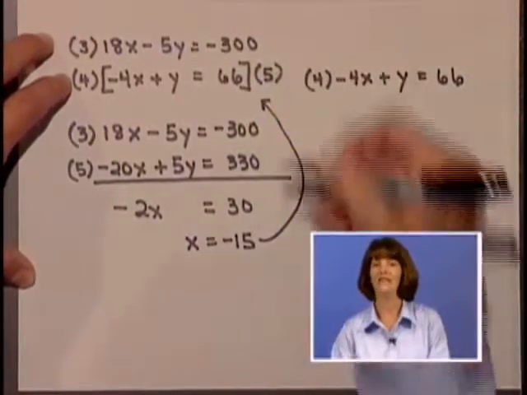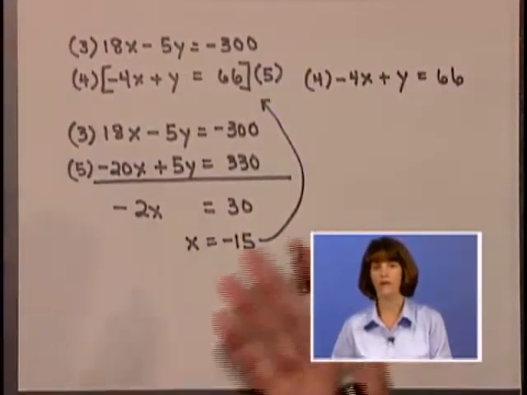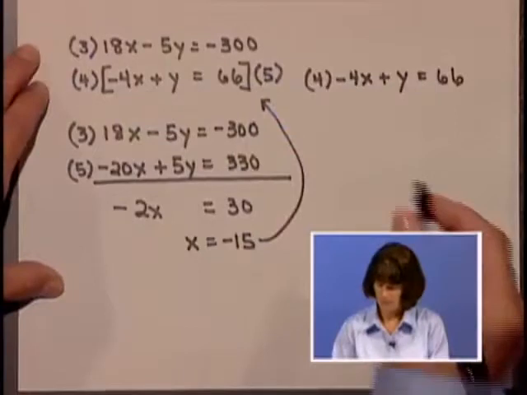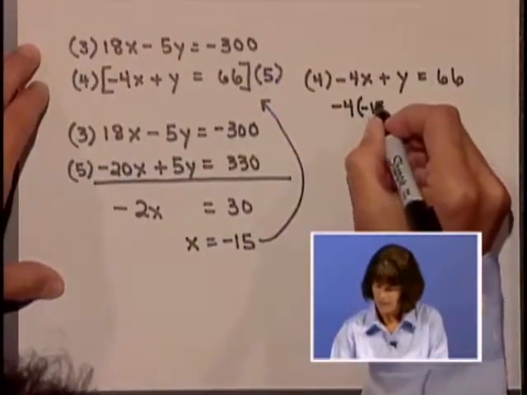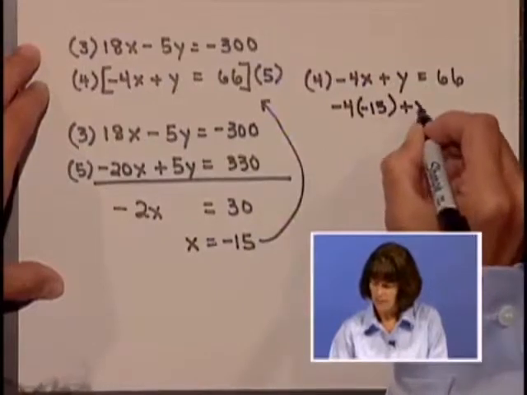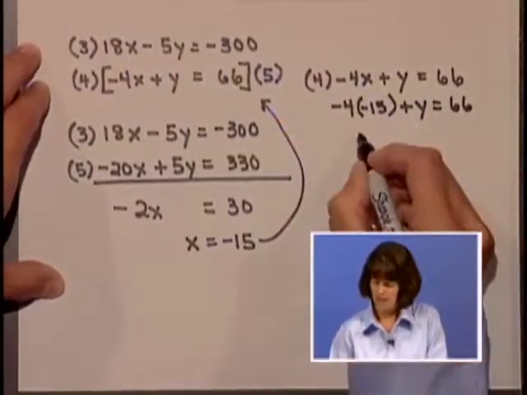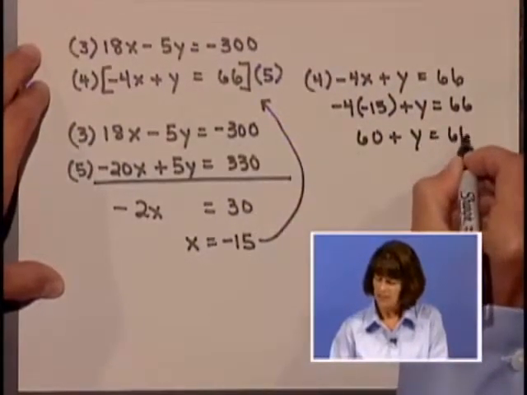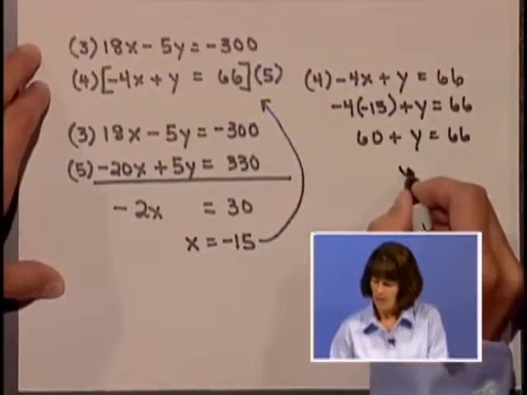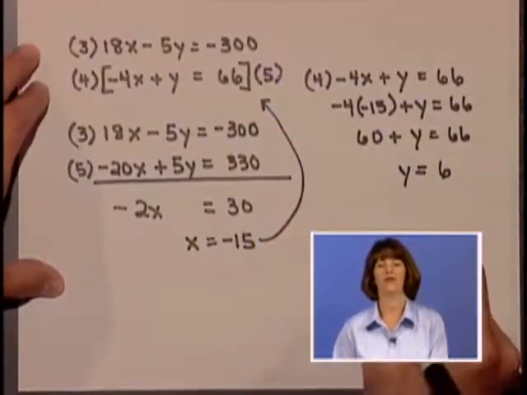Now, we could have picked any of those equations to substitute negative 15 into, but we try to pick one that's going to save us some time. Negative 4 times negative 15 in there for x plus y is equal to 66. That's a 60 plus y equals 66, or a y is equal to 6 as we subtract that 60 over.